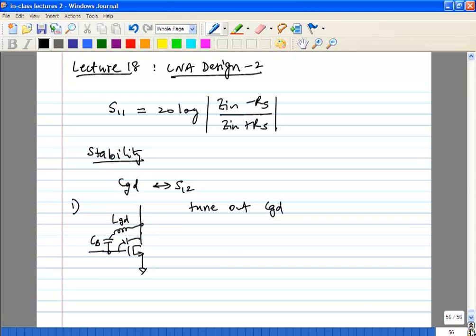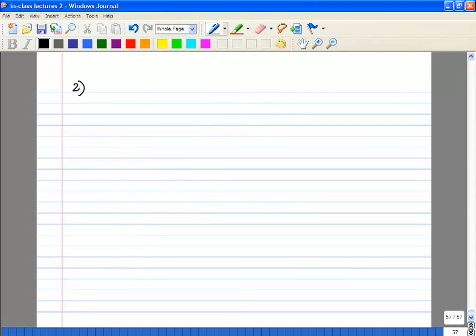The other way, of course, the more commonly used way, is the cascode. You effectively isolate your input from your output using a cascode transistor. Just remember that if you do this, quite often you might want a different size for the cascode.